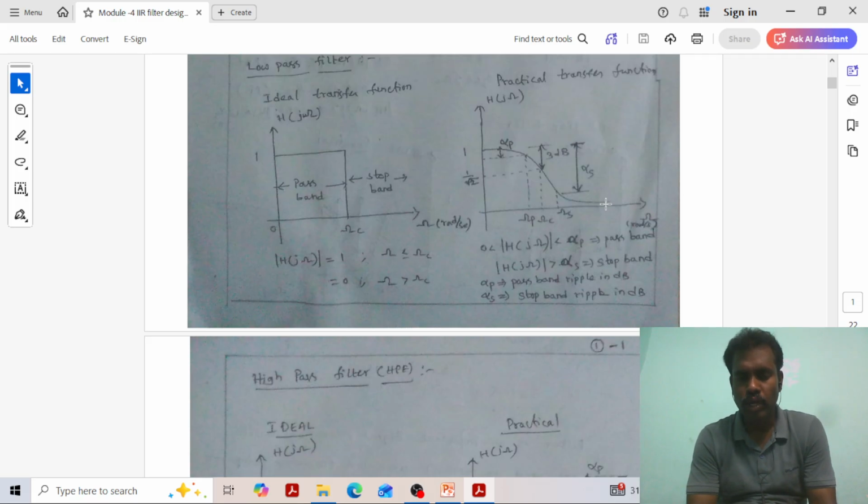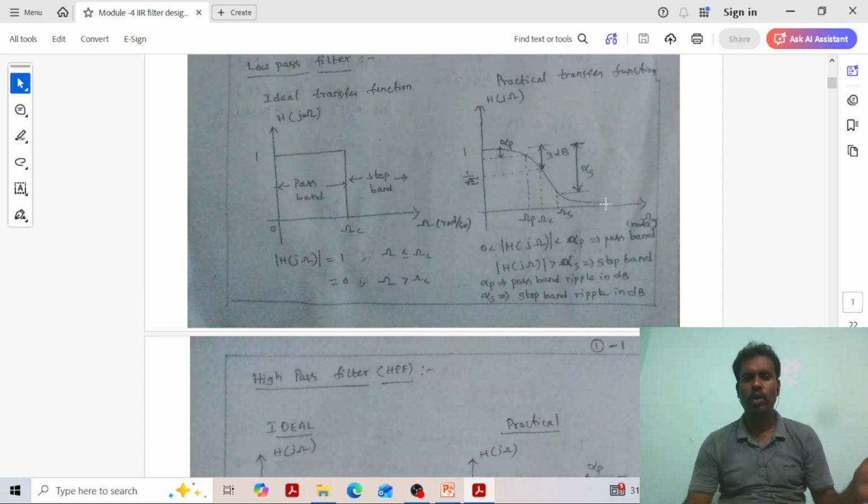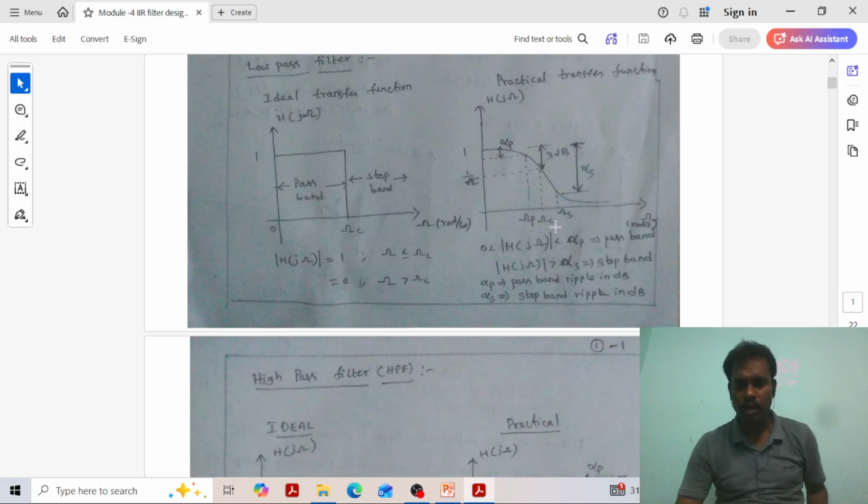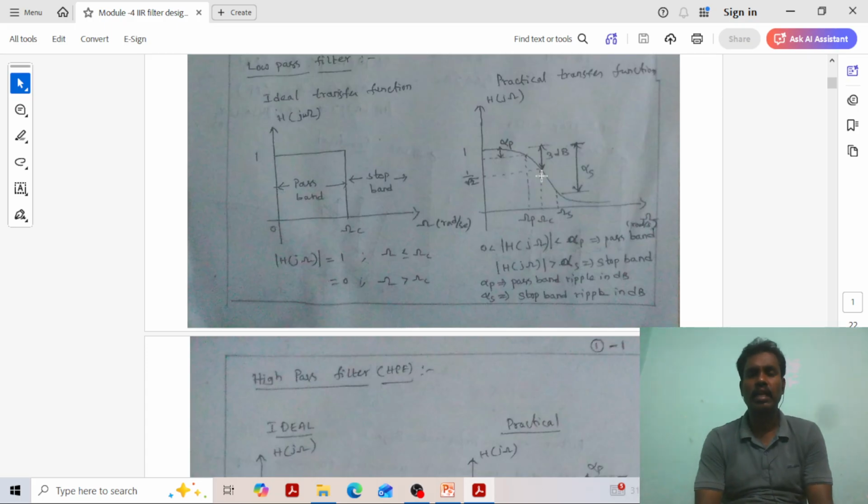We have two cutoff frequencies, the pass band frequency and the stop band frequency, apart from the cutoff frequency. Then what is the acceptable frequency that can be considered as the cutoff frequency? The 3 dB frequency is the acceptable frequency as the cutoff frequency.